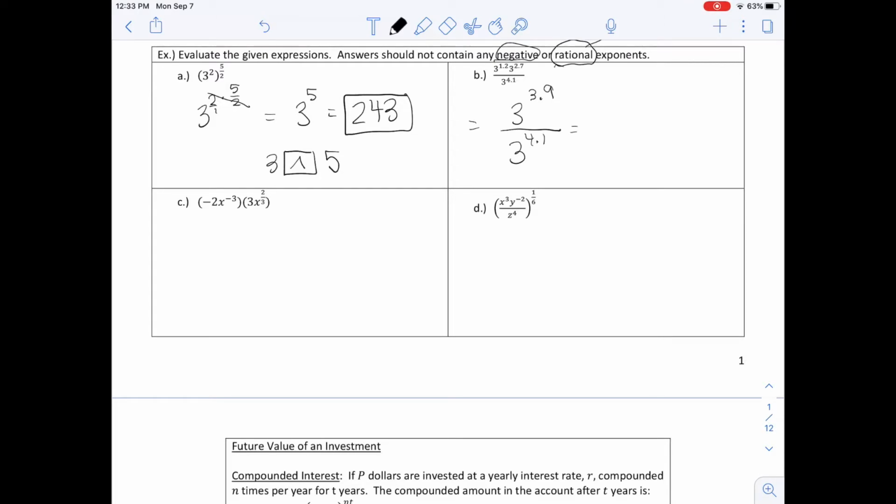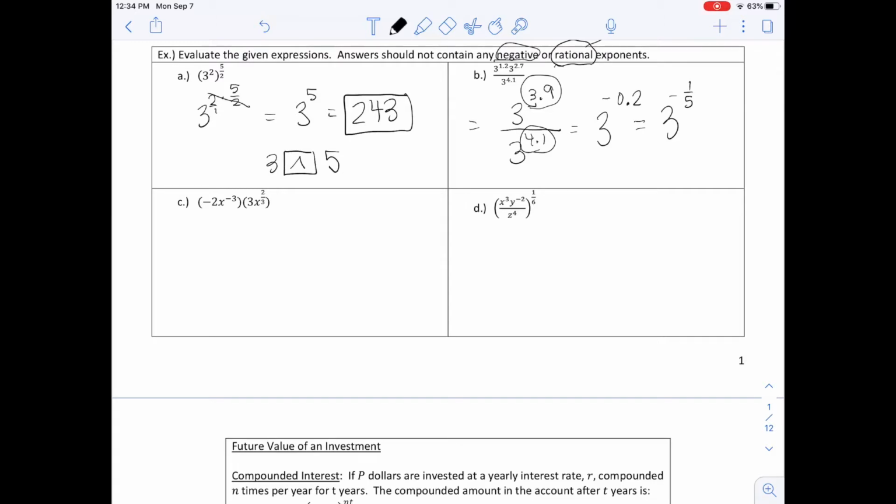And I can combine these together too because they have the same base. I would subtract, and I would do 3.9, it's always the top exponent, minus the bottom. So 3 to the 3.9 minus 4.1 is going to be 3 to the negative 0.2. And we can rewrite this as a fraction and say this is going to be 3 to the negative 1/5.